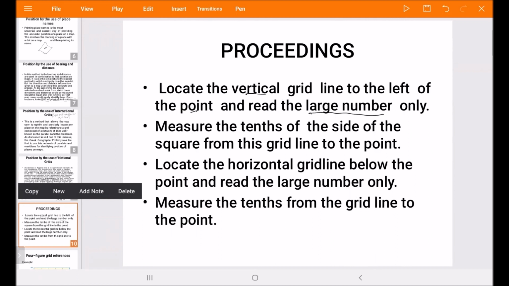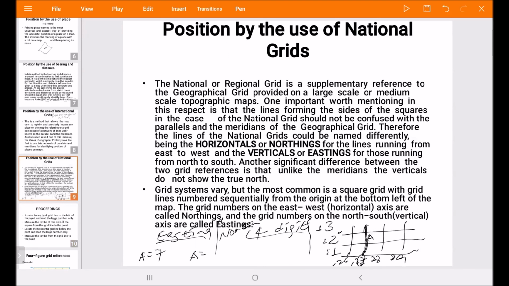Measure the tenths of the side of the square from this grid line to the point. That means this grid square where A is, going from 7 to 8, is divided into 10 equal parts. Divide the grid square into tenths. Since it's not convenient, assume A is at 3. We divide it with a ruler to find it exactly. Before going from 7 to 8 there are 1, 2, 3, 4, 5, 6, 7 up to 9, and then 8 comes.